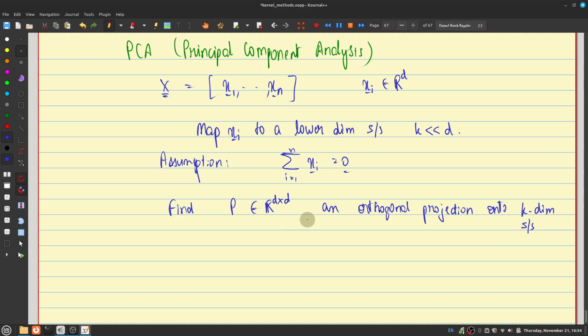In other words, I can write P in the form U U transpose, where U is just a D by K matrix with orthogonal, or rather orthonormal, columns.